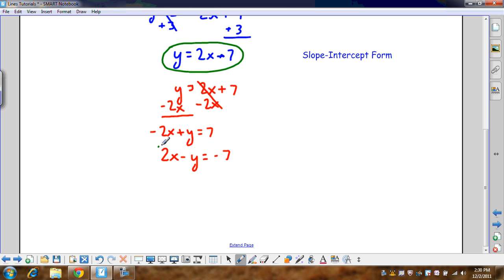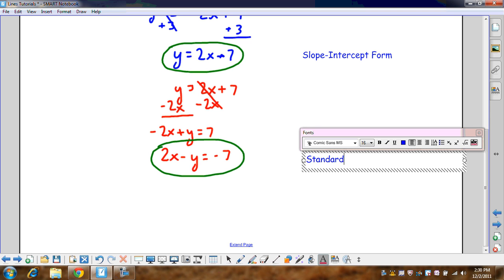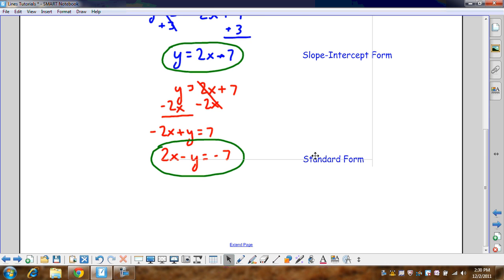That gives me negative 2x plus y equals 7. And then in standard form, we like a, the term at the front, to be positive. So I'm going to reverse all of my signs. So 2x minus y equals negative 7.